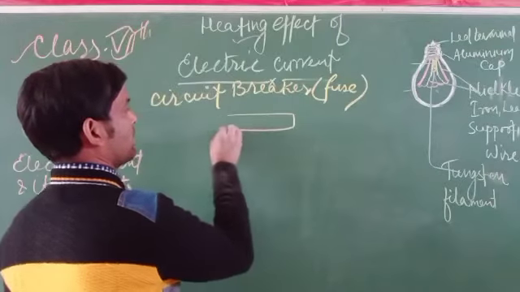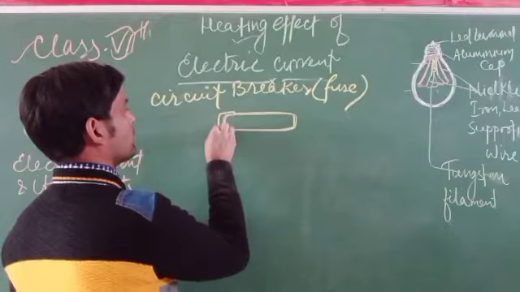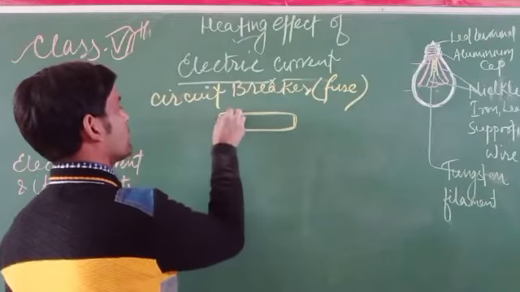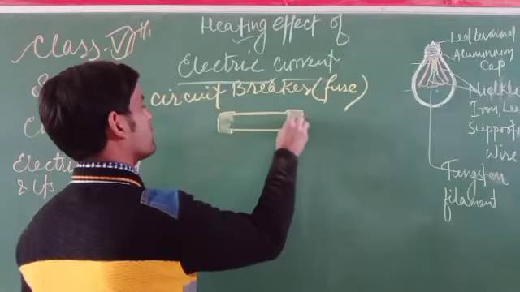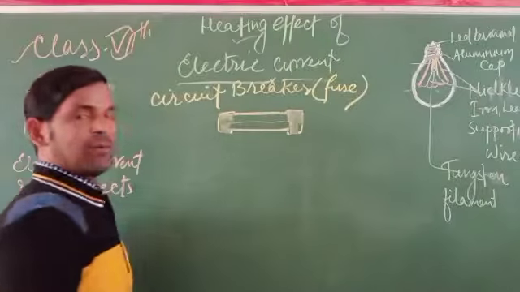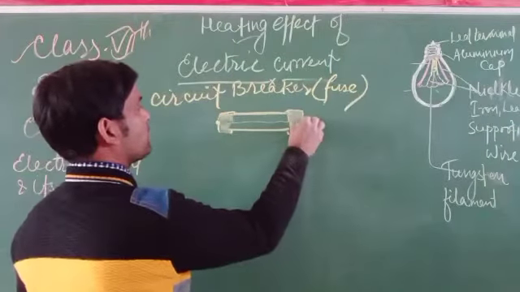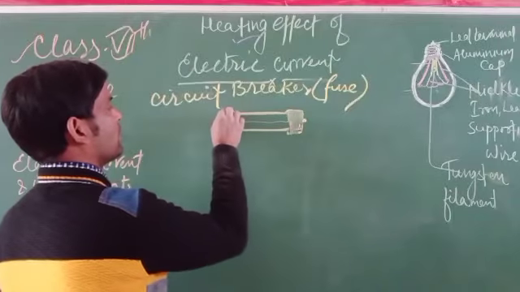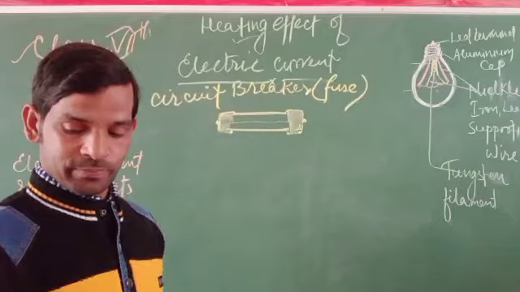Suppose here is a glass, and in it a light filament is arranged. This could be connected to the appliances in which the electric current flows.